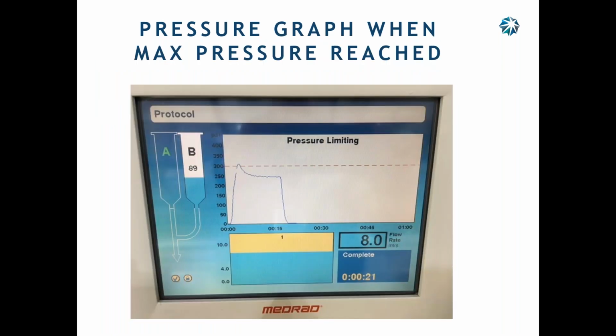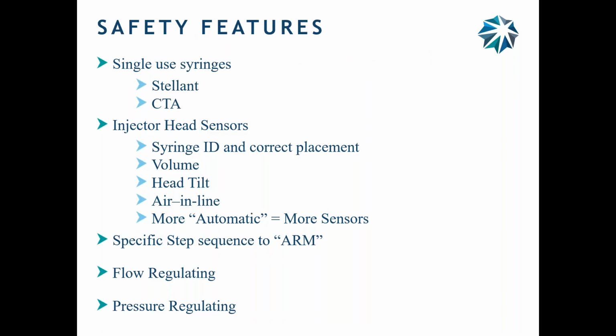And on the Stellant, that's the graph you'll see. It's almost like an X-ray overshoot. Safety features. Single-use syringes. Stellant CTA have different systems in place to prevent you from reusing a syringe.